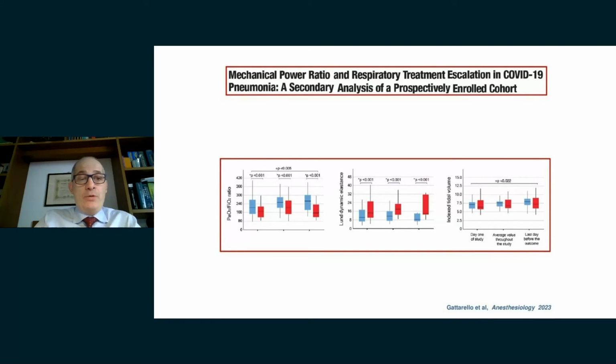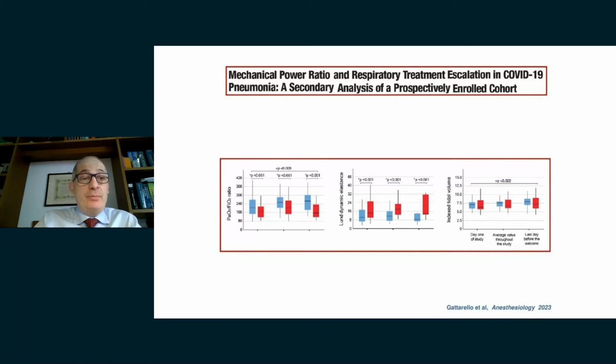The final outcome was patients who received invasive mechanical ventilation, in red, and in blue, patients who did not receive mechanical ventilation.